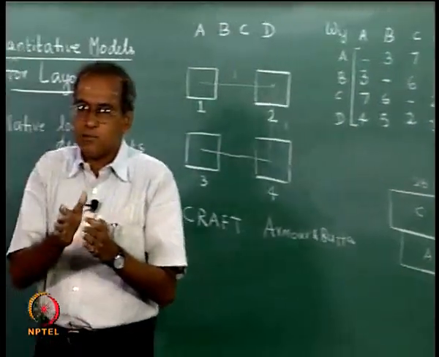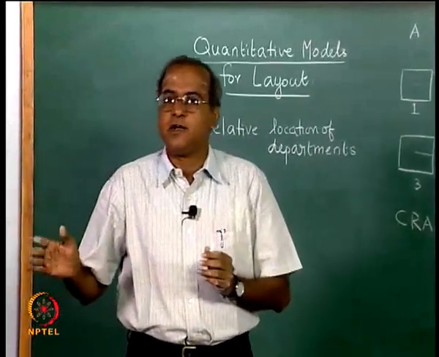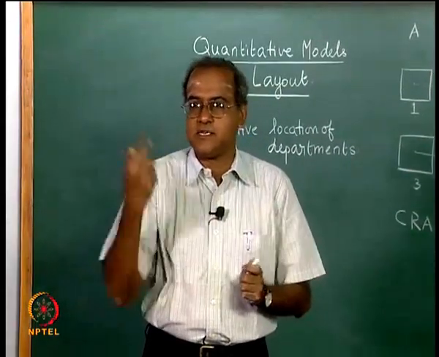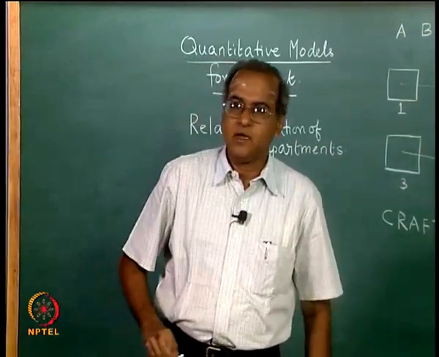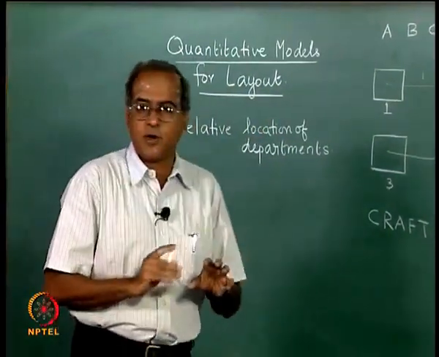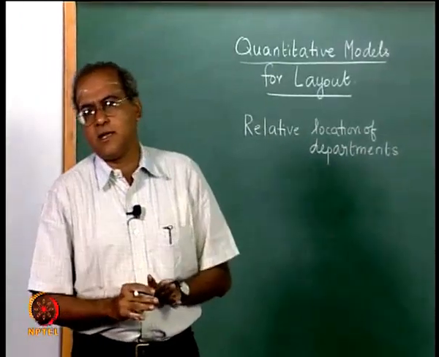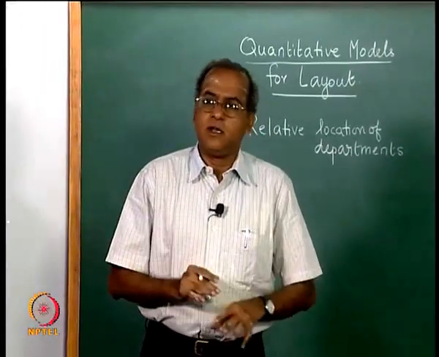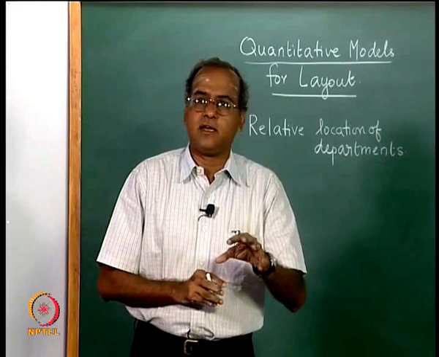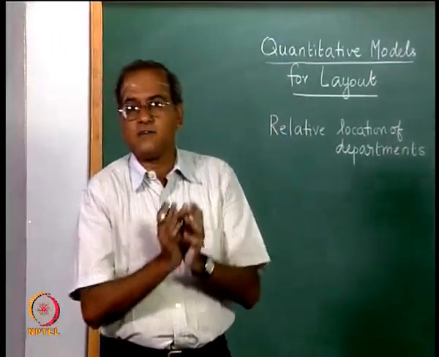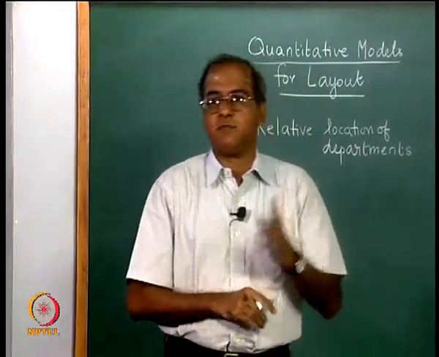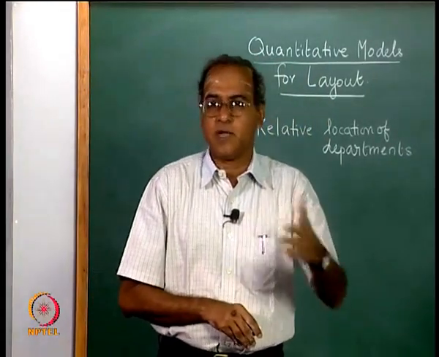CRAFT also can be modified and has been modified to include three-way exchanges, and several modifications to CRAFT have also happened. In this lecture series, we have touched upon very basic algorithms in the area of location and layout. Location and layout as an area is extremely important, and as mentioned, takes care of strategic decisions in the context of manufacturing and supply chain.